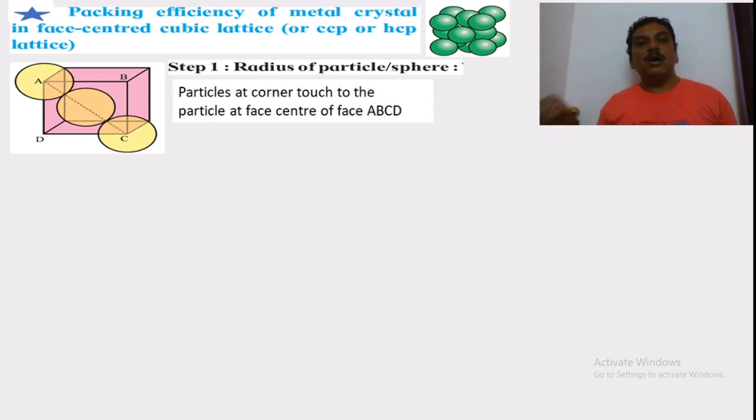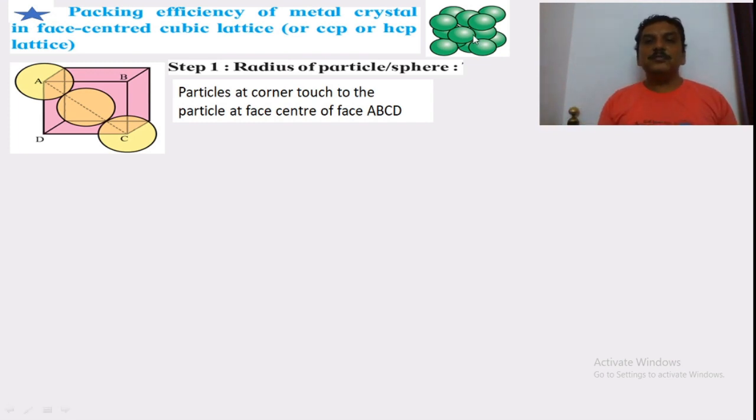or CCP or HCP, that means a cubic close packed structure or hexagonal close packed structure. Already we have seen these structures resemble FCC. Hence we will see the packing efficiency of metal crystal in face centered cubic lattice, and it is similar to CCP or HCP.